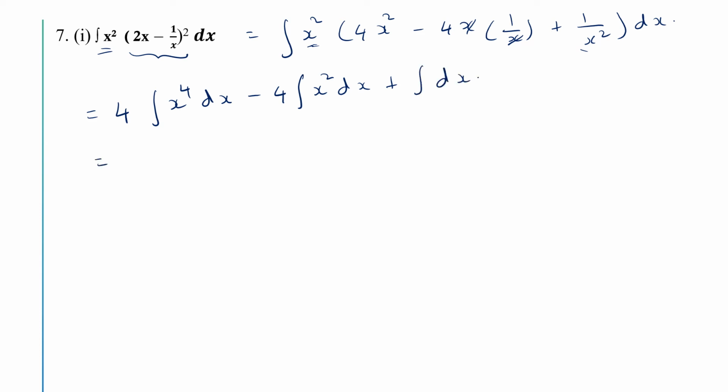So this is equal to 4 into integral x raised to 4 dx is x raised to 4 plus 1 by 4 plus 1. So x raised to 5 by 5 minus 4 into integral x square dx is x cube by 3 plus integral dx is x plus c. So this is the answer.